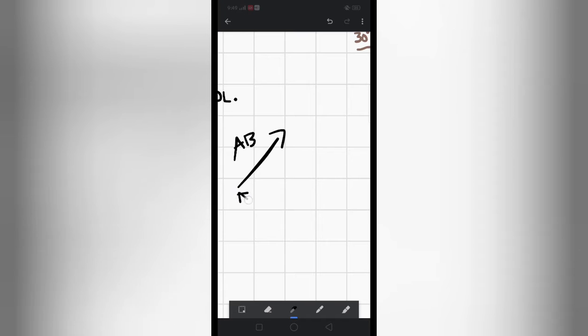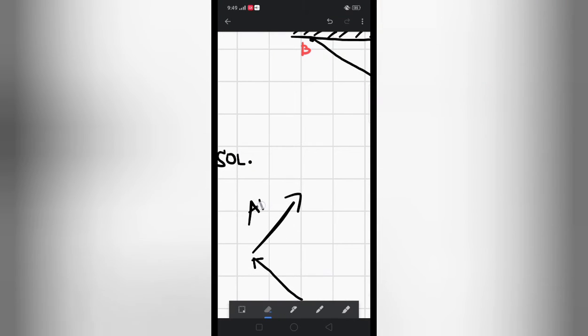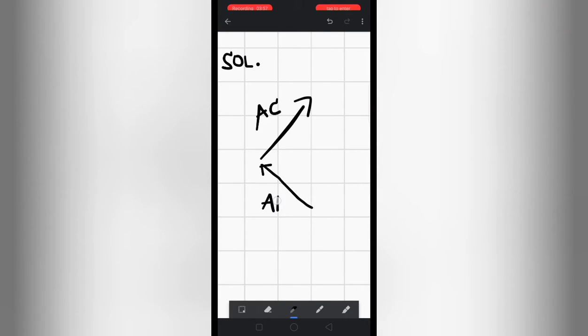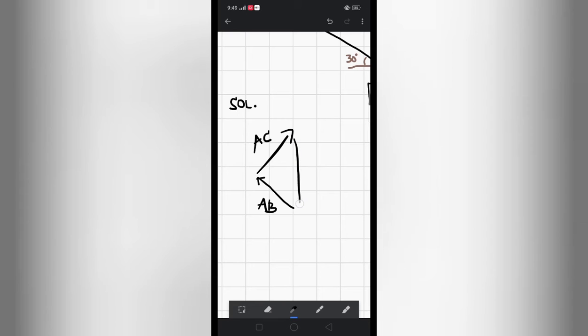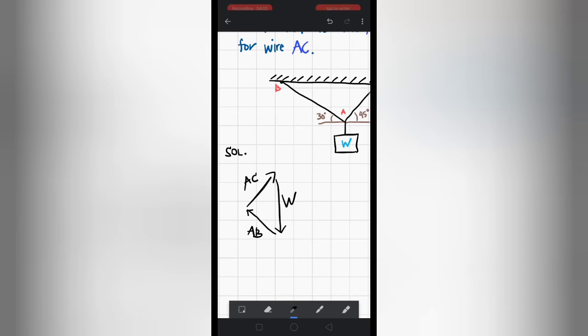And then here's the wire. I know this is wire AC. This is wire AB. And this is the force W which we are looking for.